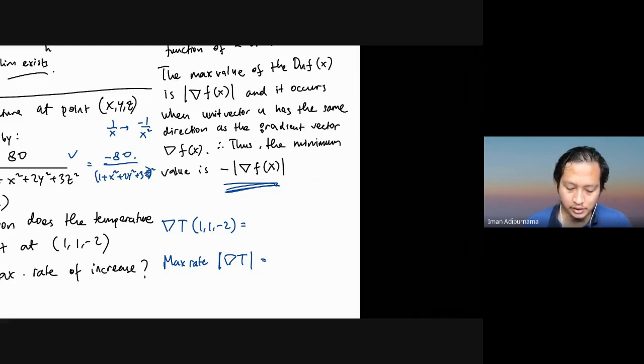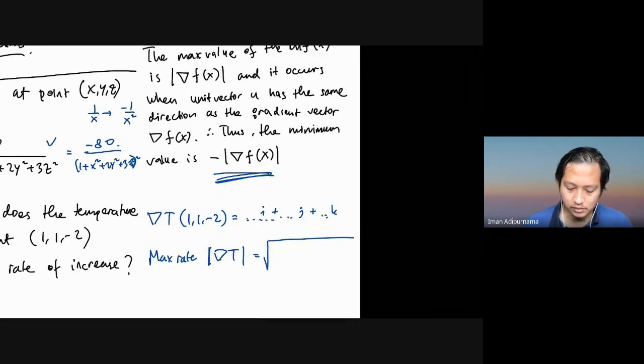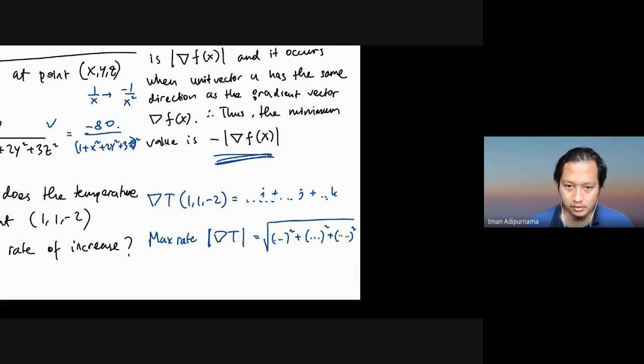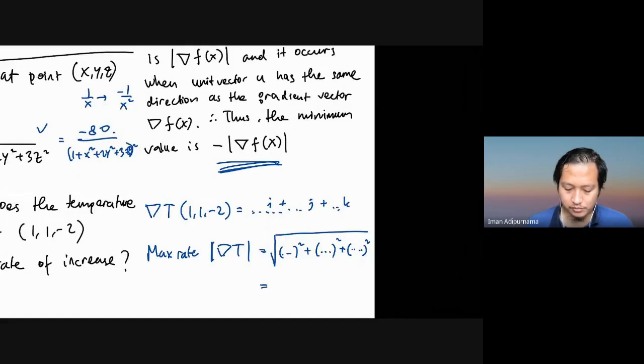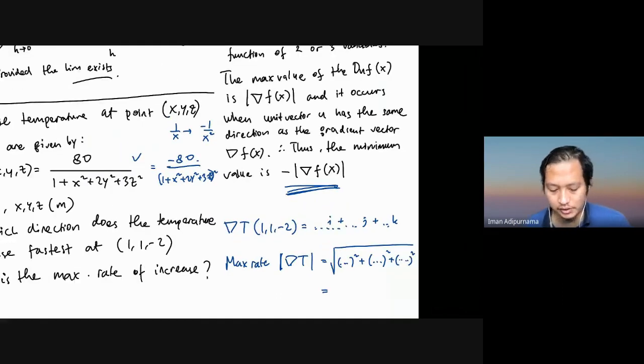So it will result in a vector, right? Here you just add all the squared terms and then take the square root, and you will get the maximum rate of increase of the temperature. Okay, I hope you can check this by yourself.